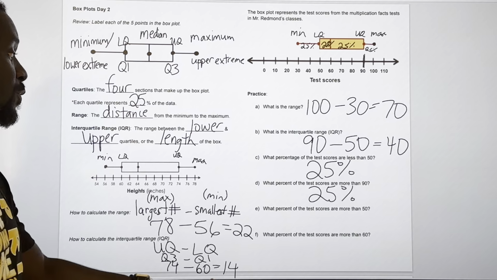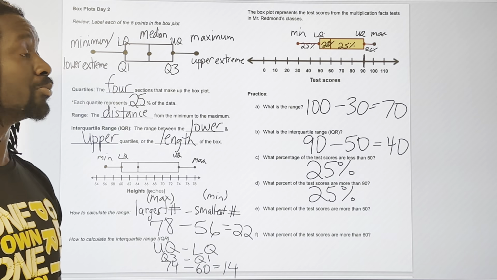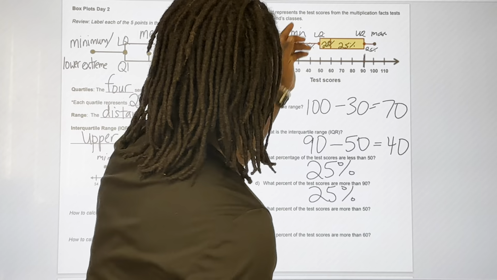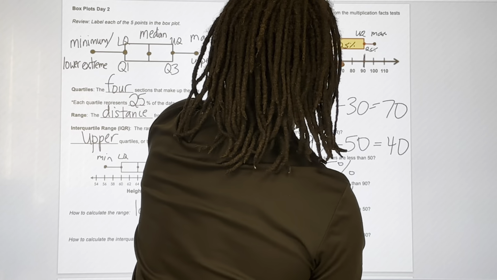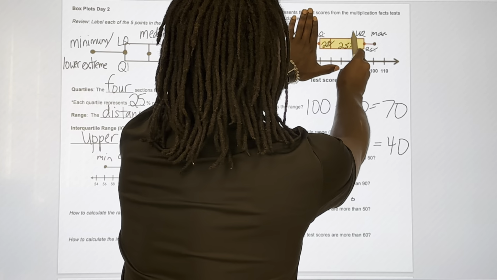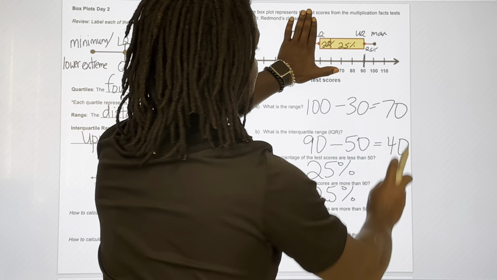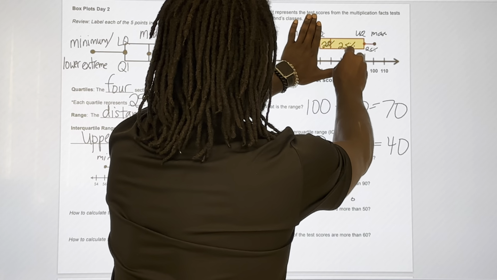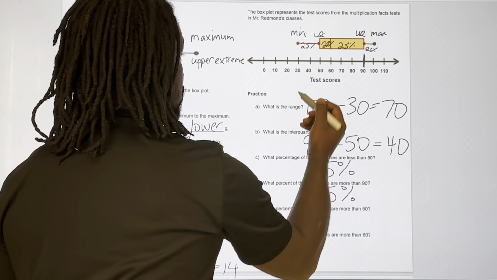Now let's look at the next one. What percent of the test scores is more than 50? I got to go to 50. Now I'm saying, how much of my box plot is above 50? Well, it's 3 sections: 25, 50, 75. So it is 75%.